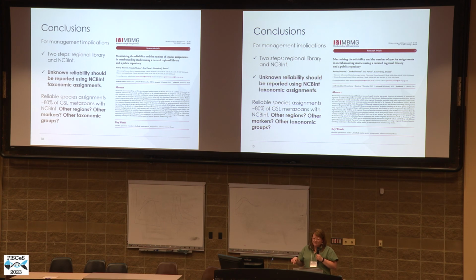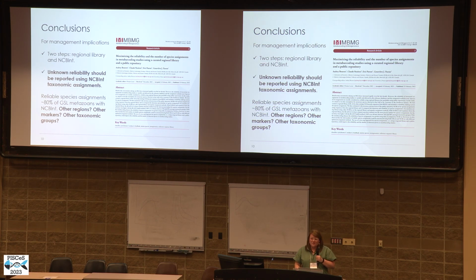So for the Gulf of St. Lawrence, we were able to achieve about 80% reliable species assignment. But for other regions, like the Arctic, likely it's much smaller than that, after trying to work with this data.